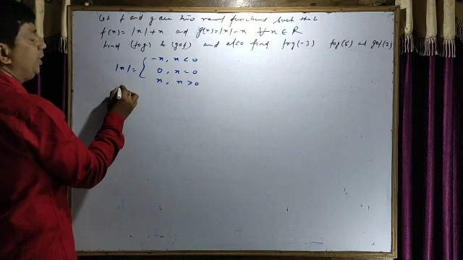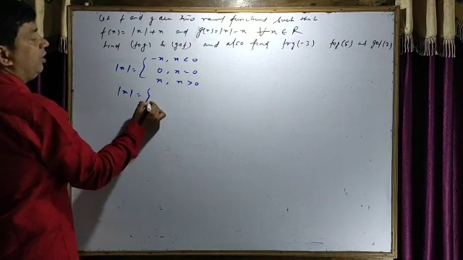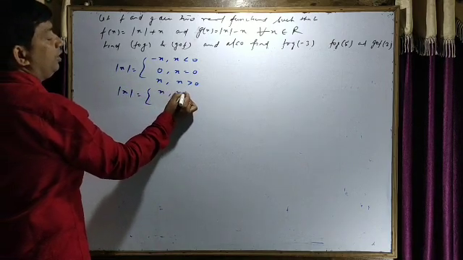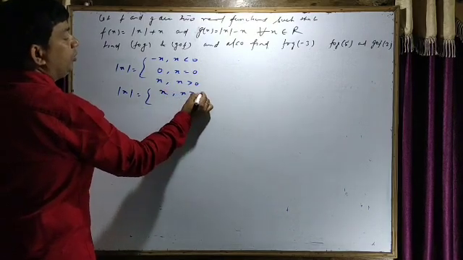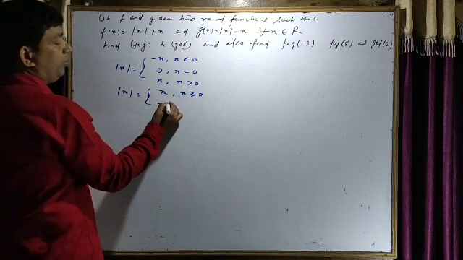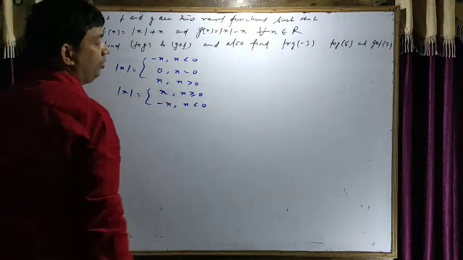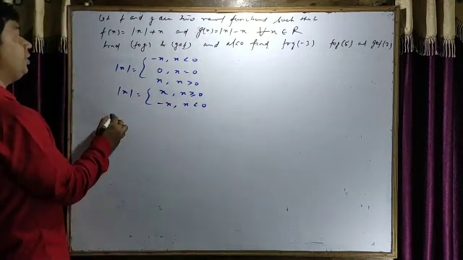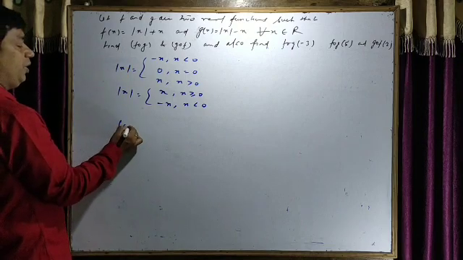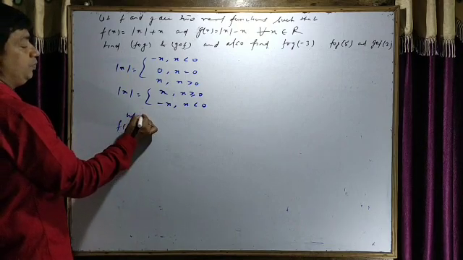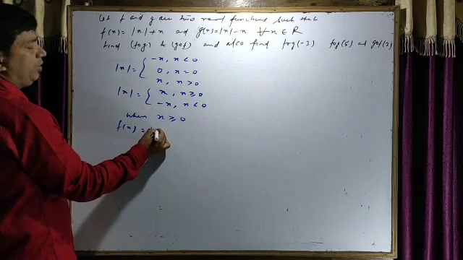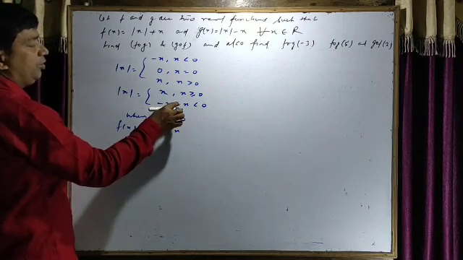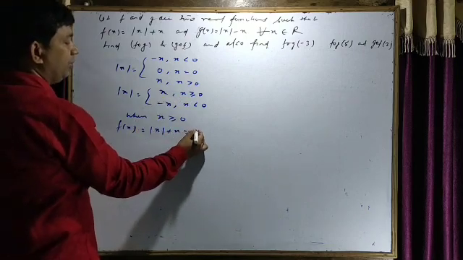So now we can combine the cases like this. First, f of x when x is greater than or equal to 0: mod x plus x, so x plus x is 2x.